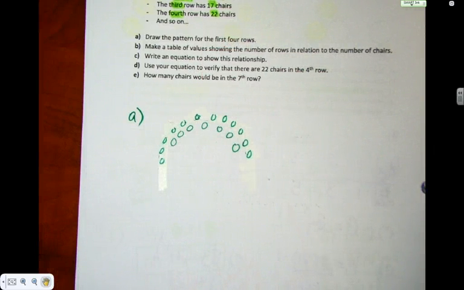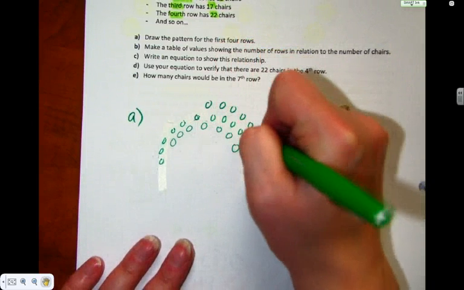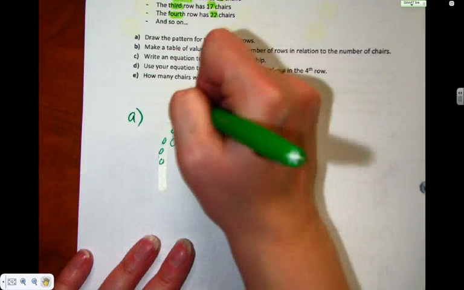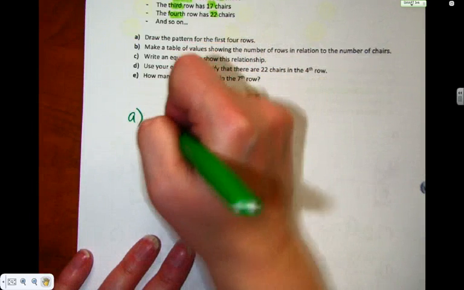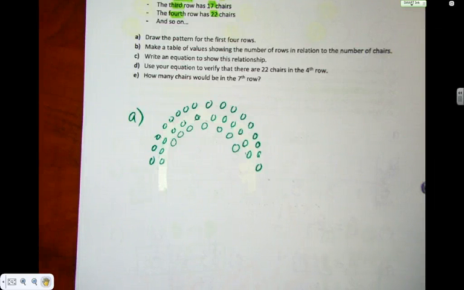How about now 17? 22. How many on each side? 11.